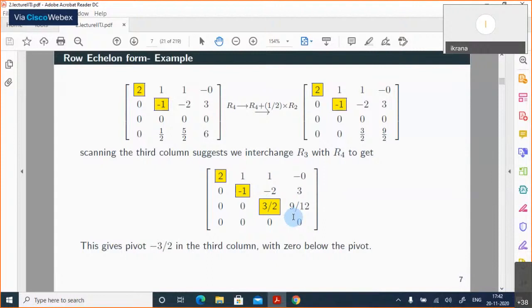So that only indicates that a row echelon form of a matrix need not be unique. But those numbers P1, P2, Pr are the same for any row echelon form obtained from the same matrix. So that is the row echelon form.